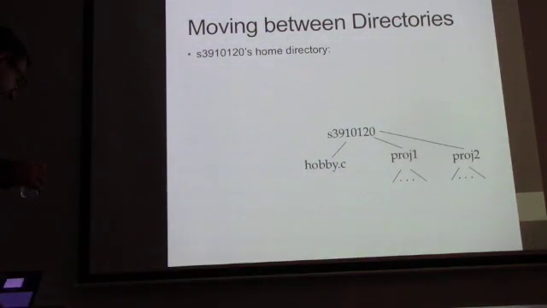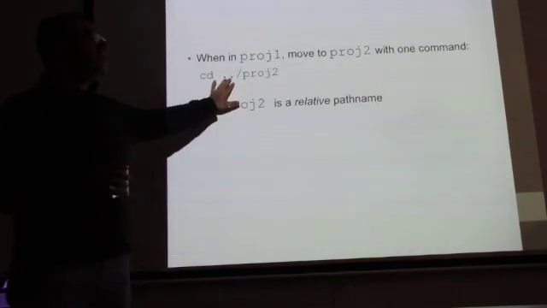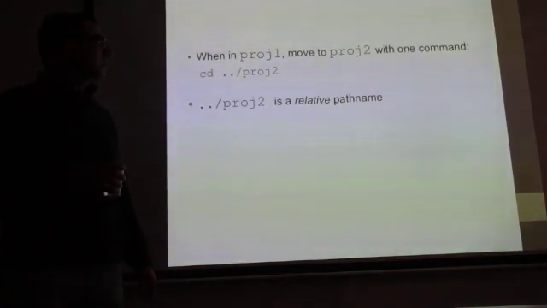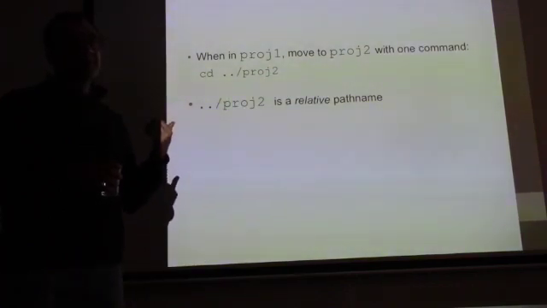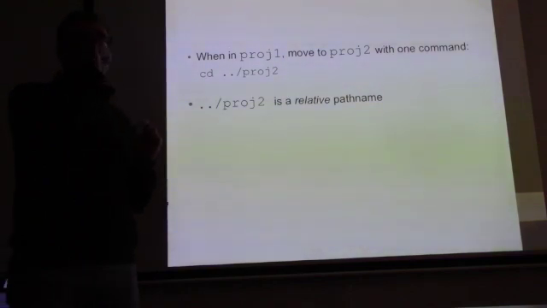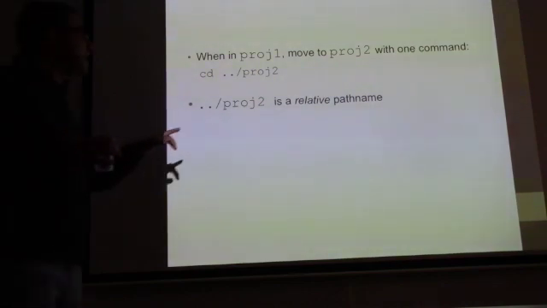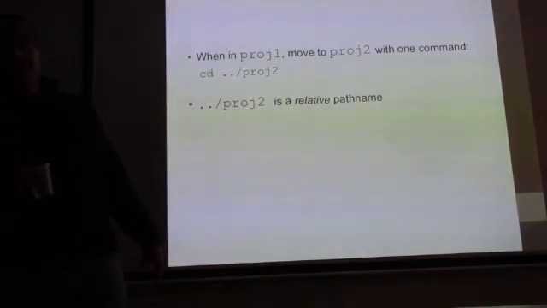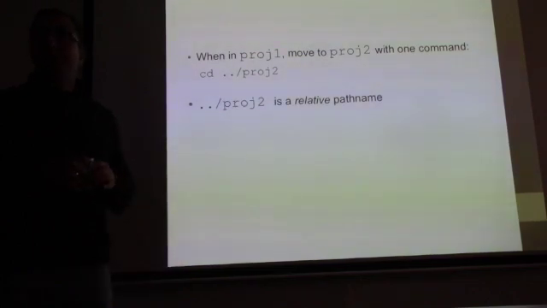So therefore, in order to do that, we do cd space dot dot slash project 2. What, dot dot? I thought just one dot. No, there's 2. 2 dots means go one level back. 1 dot is actually a shortcut for current directory. So far so good. So now dot dot slash project 2 therefore is a relative path name because it's relative to where you are. Does that make sense?